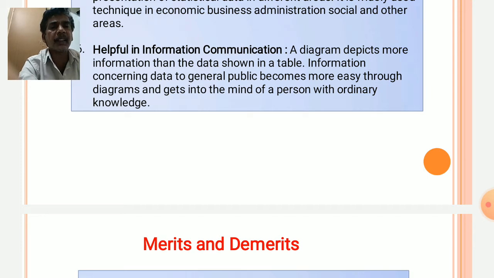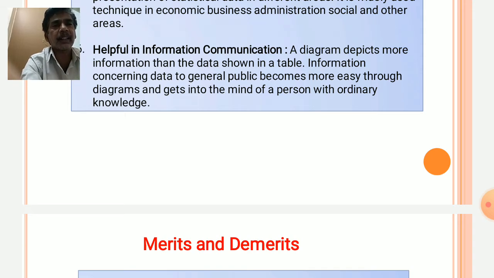We can communicate from one person to another, and we can send information from one department to another department, and we can take actions just by taking the information through diagrams. Therefore it is helpful in information communication.